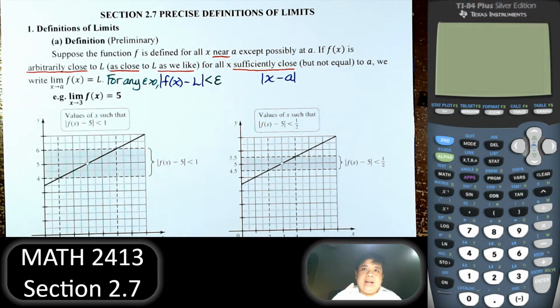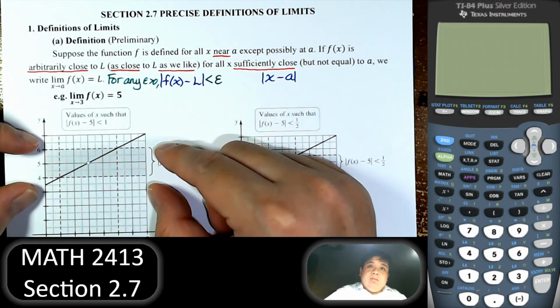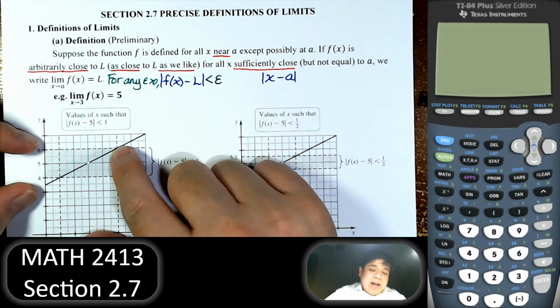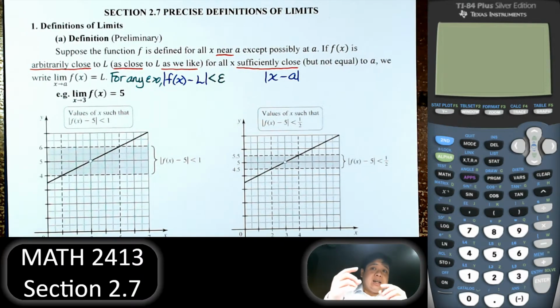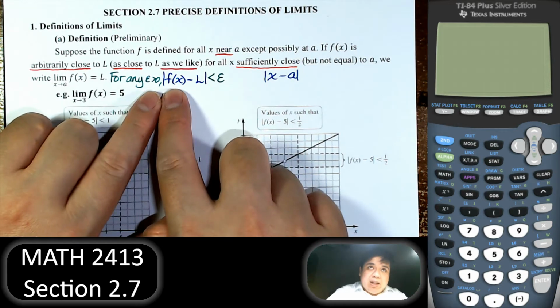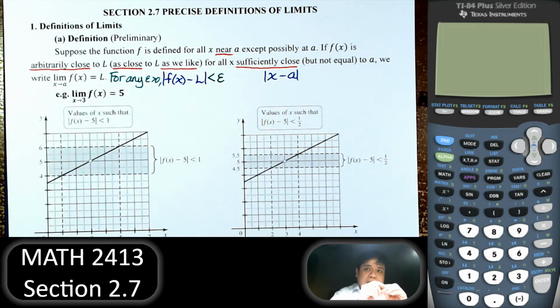You can say let epsilon be 1, then we can make the distance between the function and L less than 1. If 1 is not enough, let's make it smaller. How about 0.1? In that case we still can choose x so that the distance between the function and L would still be less than that number.